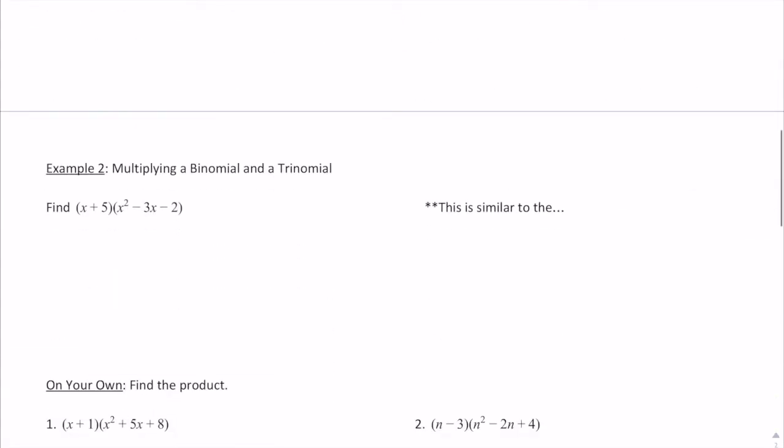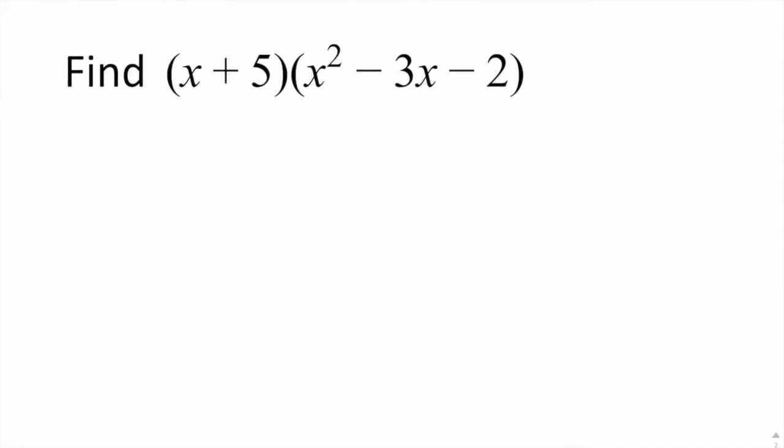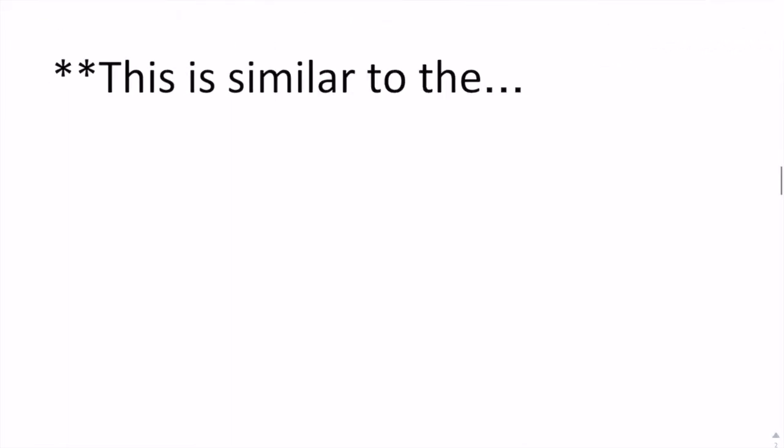Okay, so now we're going to talk about how to multiply a binomial and a trinomial. As you can tell, it's a little different with this one. I have a binomial here, and this is a trinomial. However, this is similar to the distributive property.